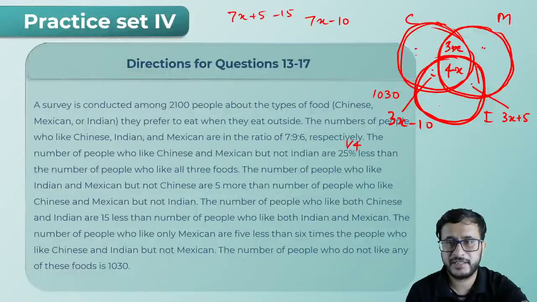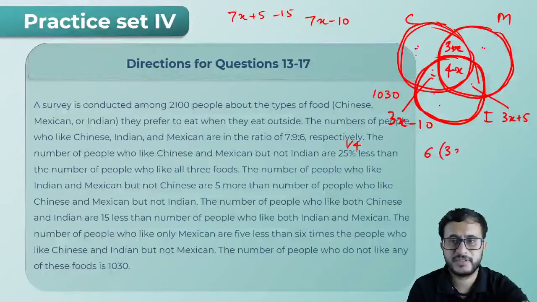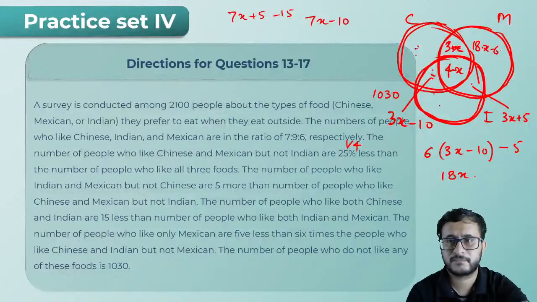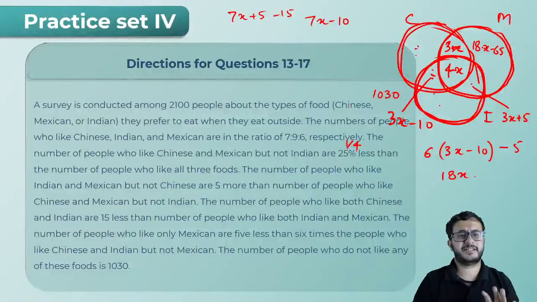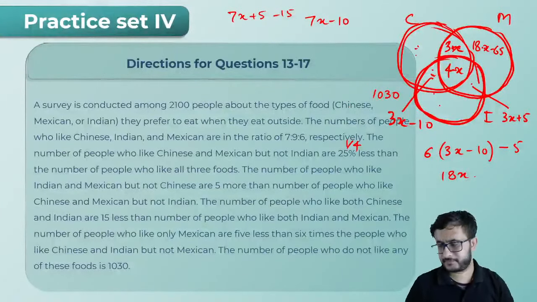Chinese and Indian, but Chinese here, Indian here. हाँ, this is 6 times of this, 6 times of 3x minus 10 plus minus 5. ठीक है, तो कितना आ जाएगा 18x minus 65. ठीक है, 18x minus 65 आ गया. और जो कोई भी लाइक नहीं करते, that is 1030.